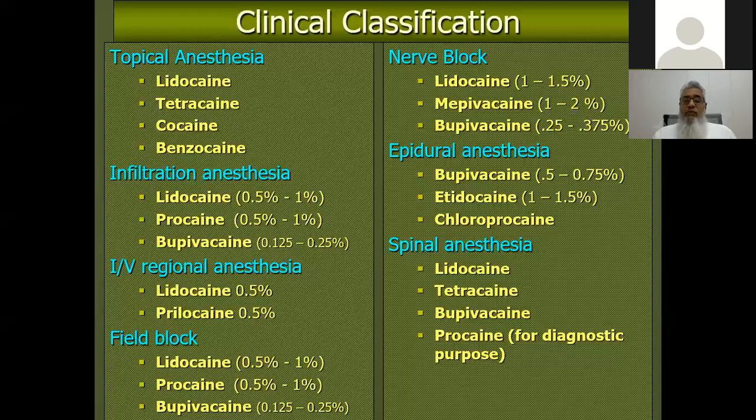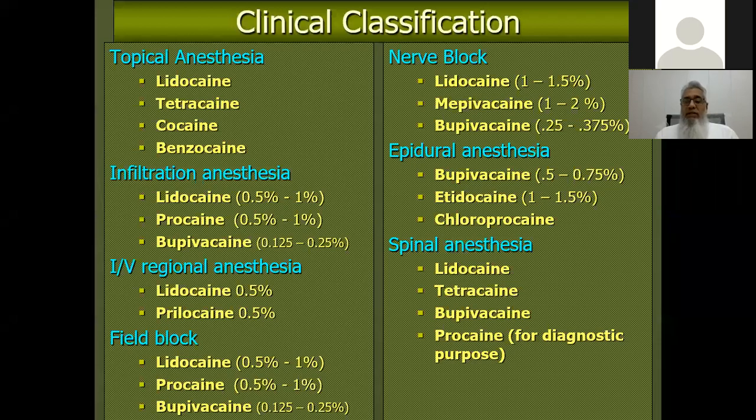And it's very safe and very convenient. For the last 20 to 25 years, the trend has been changing from general anesthesia to local anesthesia or regional anesthesia, because these regional and local anesthesia are much safer than general anesthesia.